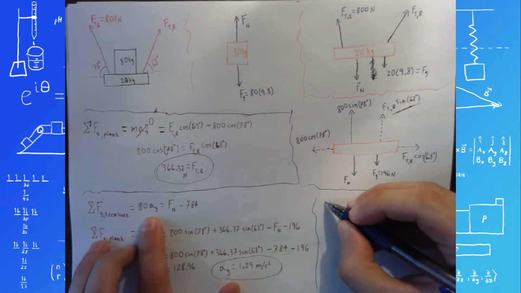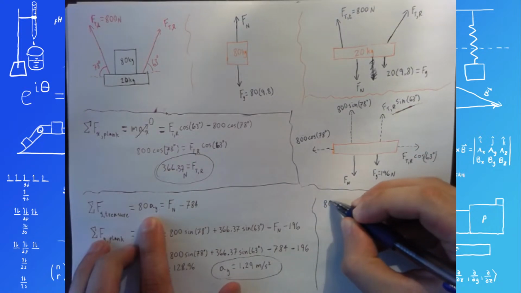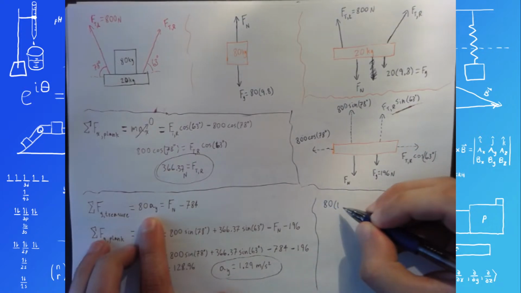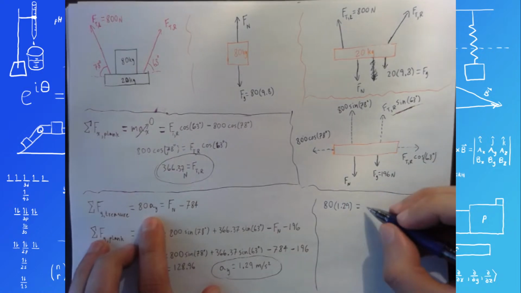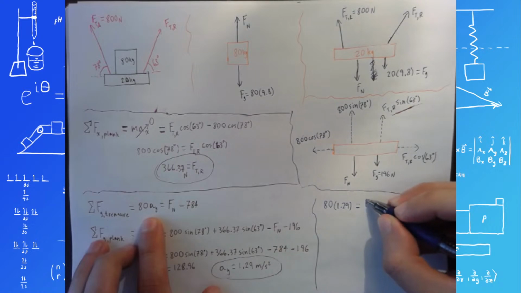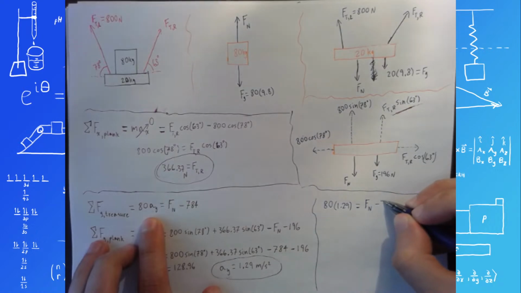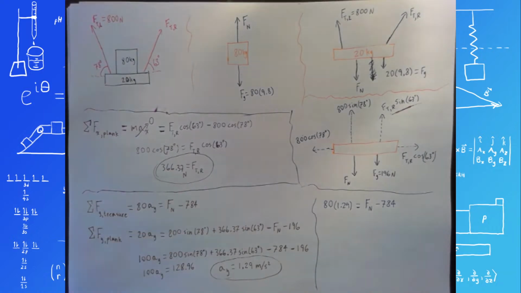Anyway, first equation we have here says 80 times acceleration in y, which we now know is 1.29, is equal to normal force minus 784. Oh, come to think of it, I forgot to answer part of question B. In addition to finding the acceleration, the question was, will they get the treasure or will it fall back into the ocean?